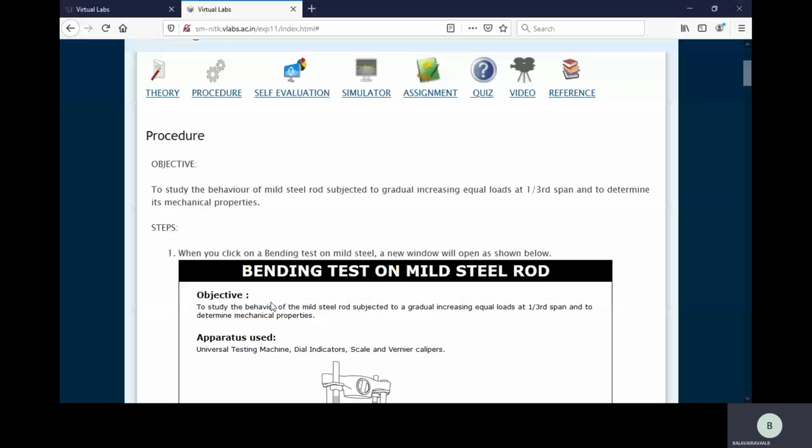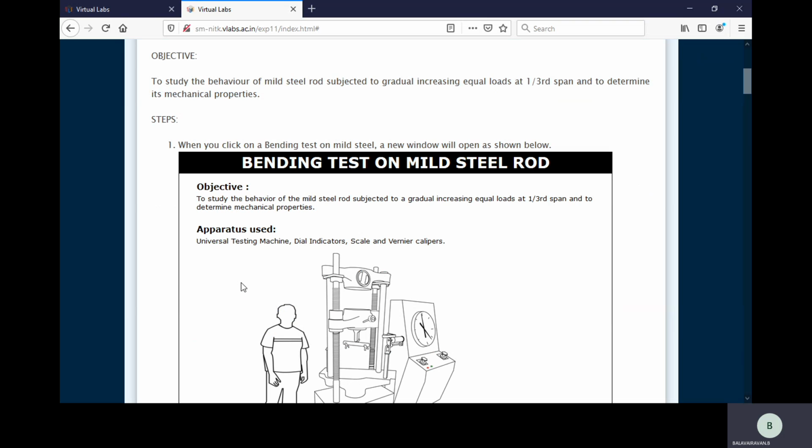So this is the virtual lab. In this virtual lab, there are a lot of experiments. Now we are going to see the bending stress on mild steel rod. I already explained the procedure to do the experiment. Then this is the UTM machine diagram.